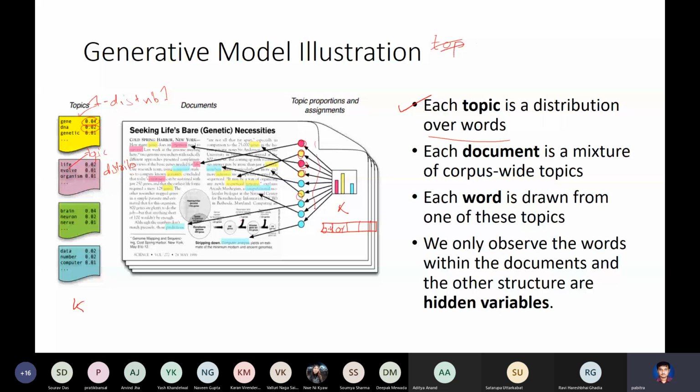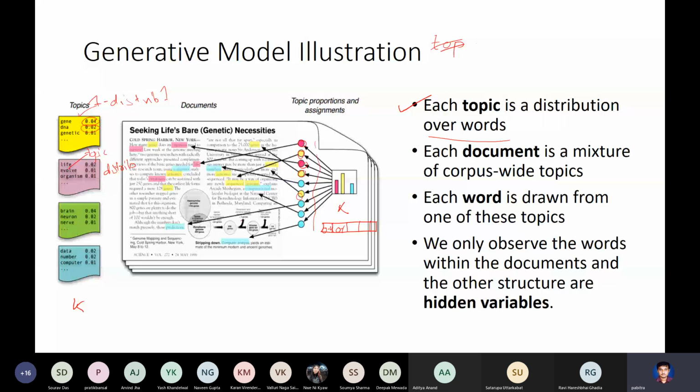And I say this particular document is, let's say, 2 out of how many? 2 out of 9 talks about evolution. So much percentage evolution, 3 out of 9 percentage genetics, and 4 out of 9 percentage computer analysis. That's this document. That's the topic mixture for this document. If you talk about the theme of a document, it's a mixture of these 3 topics in these proportions.